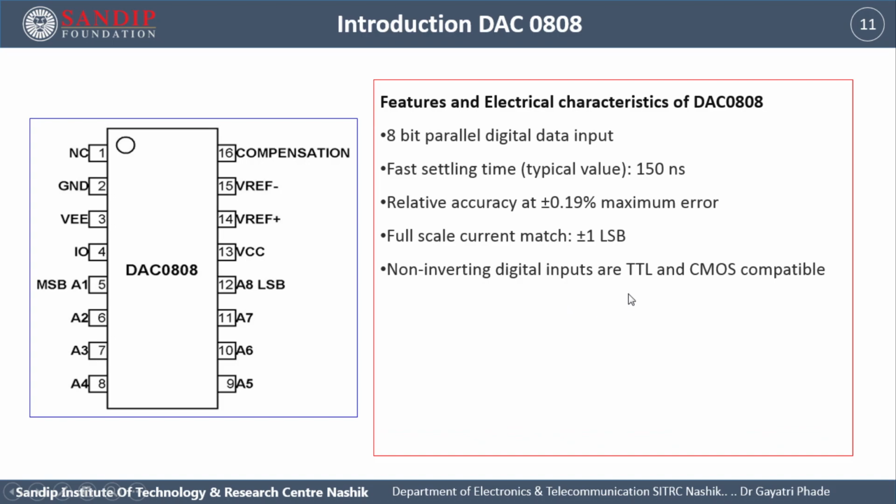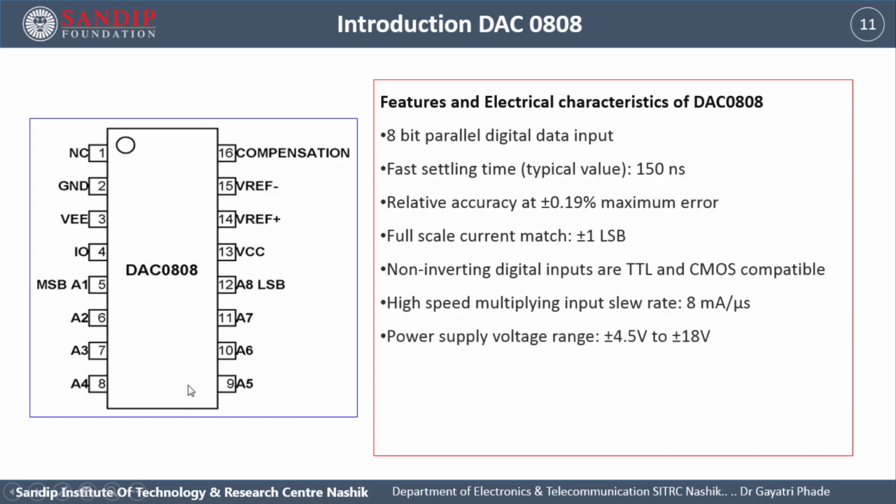Non-inverting digital inputs are TTL and CMOS compatible, so we can interface it easily with 8051 microcontroller. High speed multiplying input slew rate 8 milliampere per microsecond. Power supply voltage range is plus minus 4.5 volt to plus minus 18 volt. Low power consumption, that is up to 33 milliwatt when we are using the 5 volt. So it will be varying as per the input voltage. For 5 volt it is 33 milliwatt.